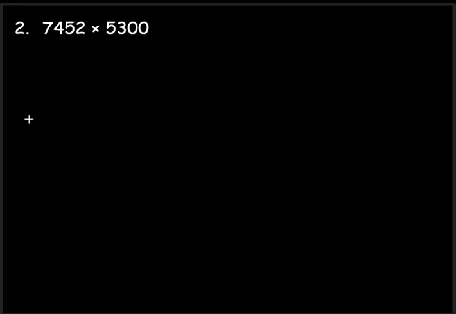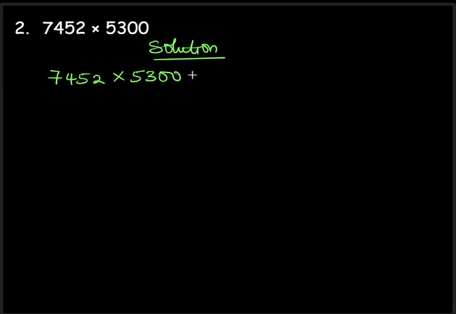Okay. Number 2, solution. This will give us 7452 times 5300. So we can carry these zeros down here. That will give us 745,200 times 53.